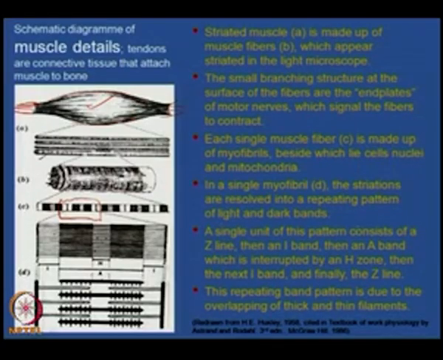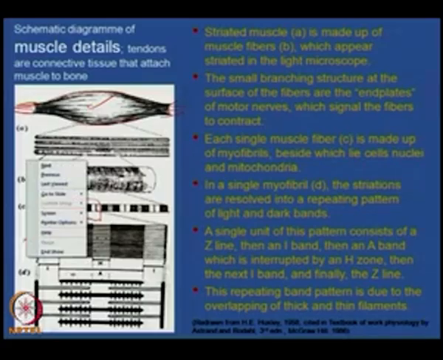A single unit of this pattern consists of a Z line, this one, then an I band, a specific band position, then A band and again I band and Z line. So, this is a unit. Within this A band there is some thick, black colored part and some white, little less thick colored part.